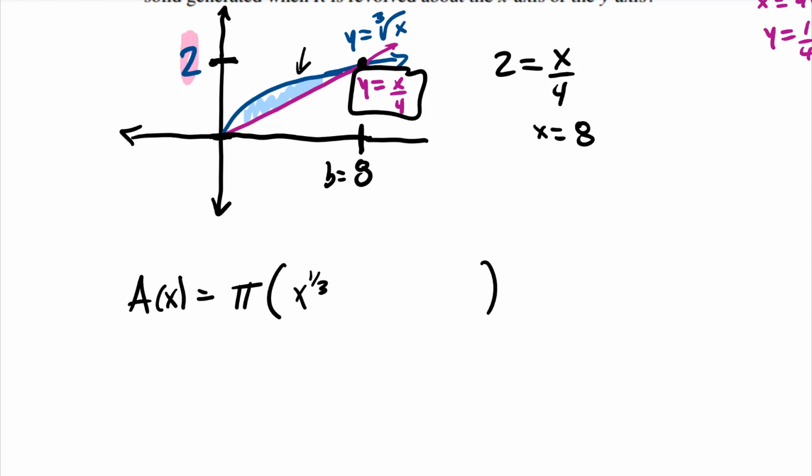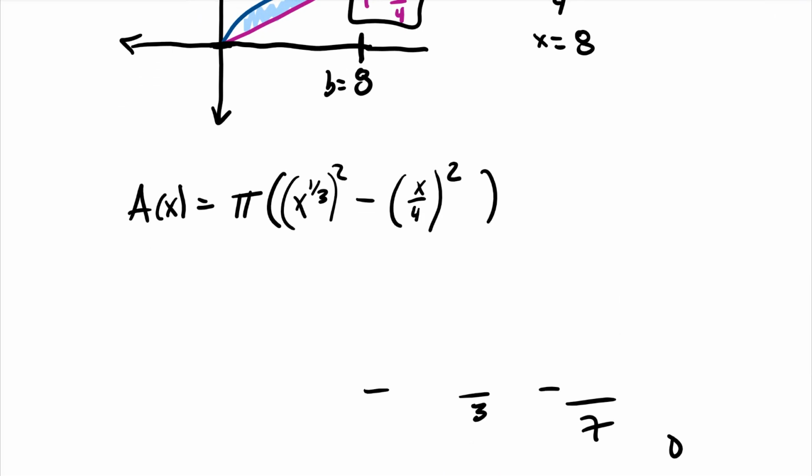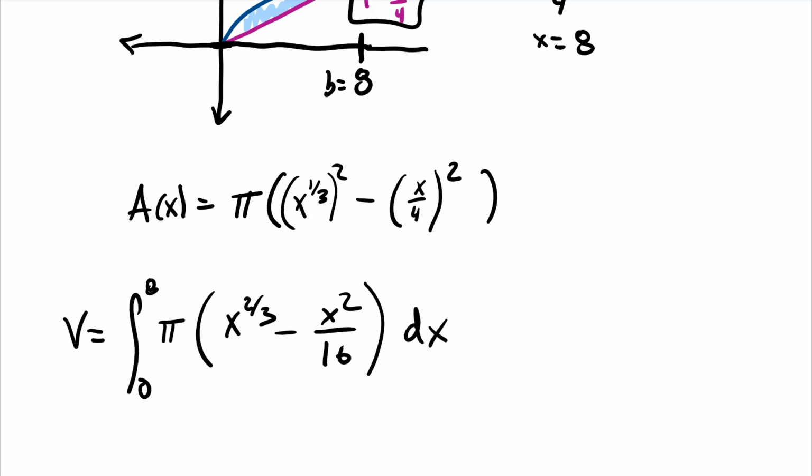So the cube root of x squared minus our bottom function, x over 4 squared. Now we can start to solve for our integral. The volume will be from 0 to 8 of pi times x to the 2/3 minus x squared over 16 dx.